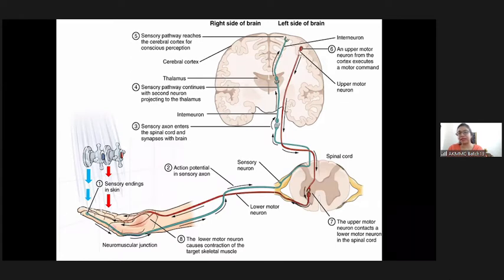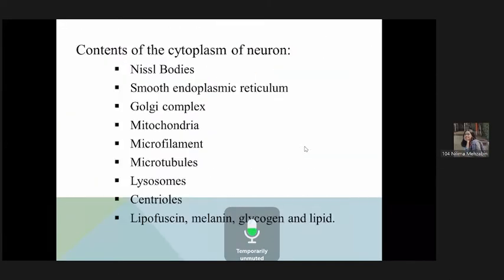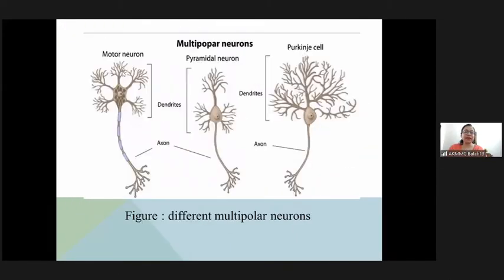This is another example of a multipolar neuron, which comes from the cerebral cortex. We find these in the anterior horn of the spinal cord, pyramidal neurons in the cerebral cortex, and Purkinje cells in the cerebellar cortex.